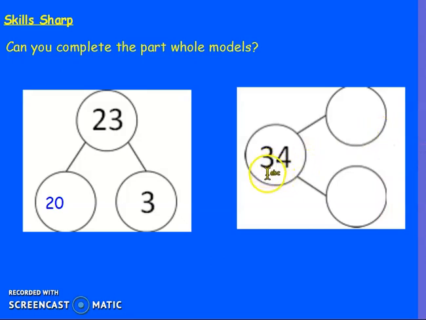Let's have a look. 34. How could we partition it? I hope you've got an answer that says 3 tens, 30, and 4 ones, 4. 30 add 4 ones makes 34. Well done. Let's move on.